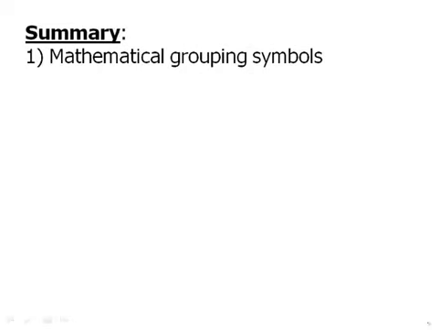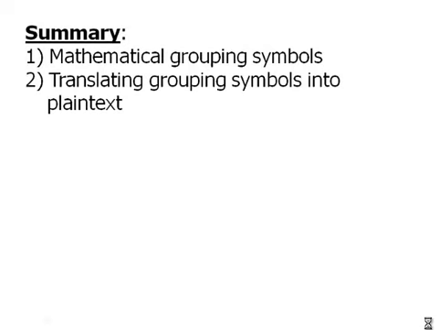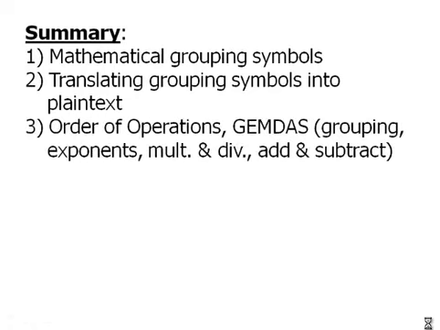In summary, the very first thing we talked about is the very important idea of mathematical grouping symbols. Then we talked about translating grouping symbols into plain text. And again, this is not a trivial operation. If you can do that translation correctly, you understand some deep mathematical ideas.